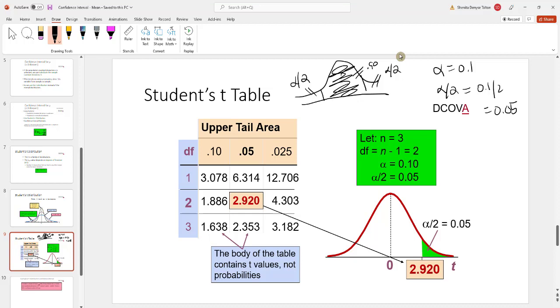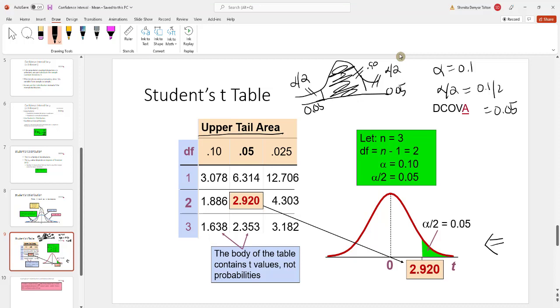In the body of this table, it does not give us probabilities like it did with the z-distribution. Instead, the body of this table gives me t-values. This table only looks at the upper tail area. So in this picture, this upper tail is 0.05, and this is also 0.05.